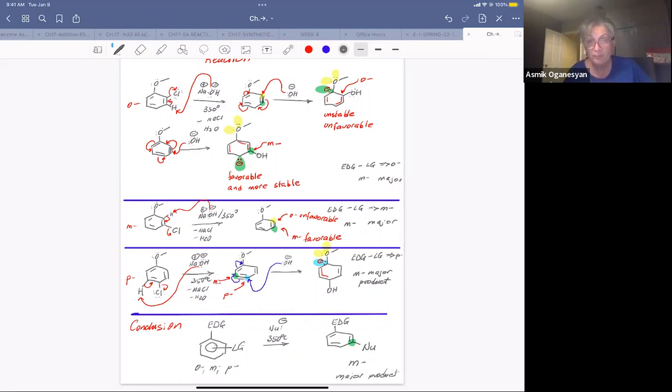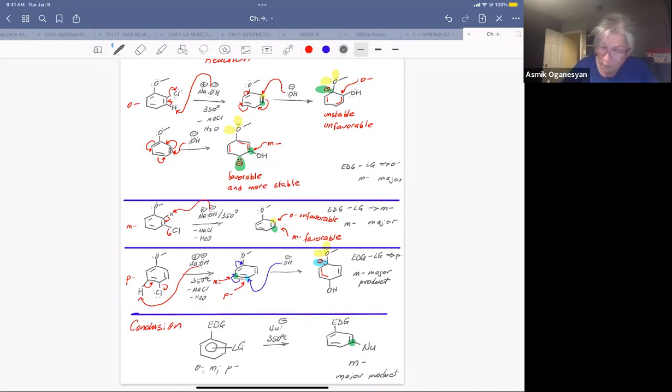Okay? And now that we have determined that, let's make sure that we continue with the mechanism on any one of those scenarios. And since we already started the mechanism here for the meta substitution, let's just do that right away, okay? So we have a negative charge on one of the carbons. We've removed the electron density from this carbon originally.